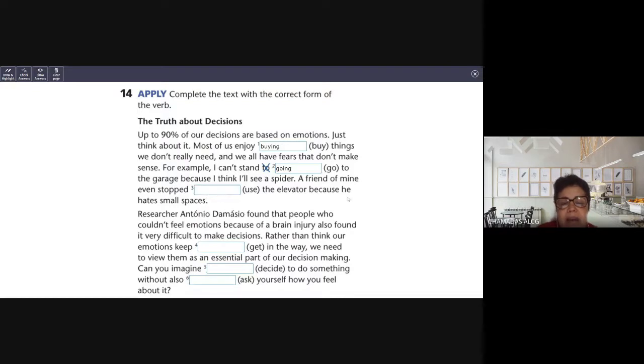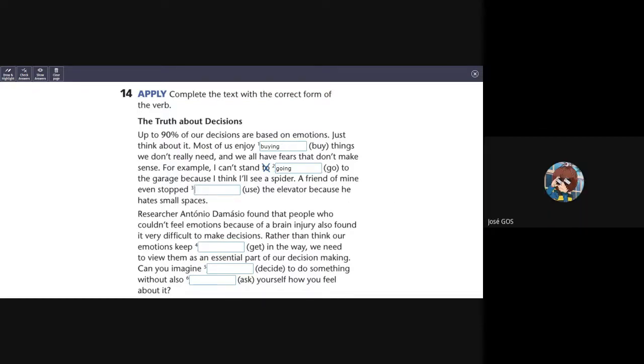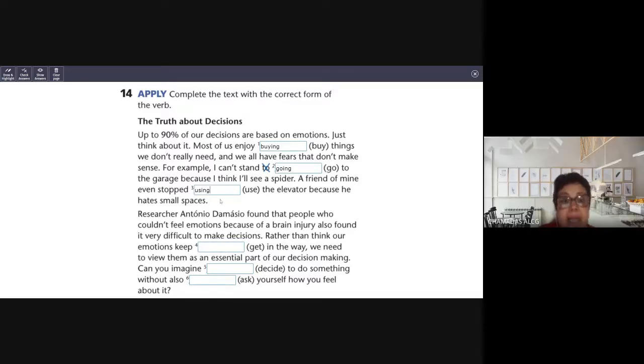Number 3, guys, what do you have? Using. Perfect. Yeah, we have to change the verb because we are using the verb stop before, okay? Even though it's in the past, it doesn't matter. This verb provokes the change, right?